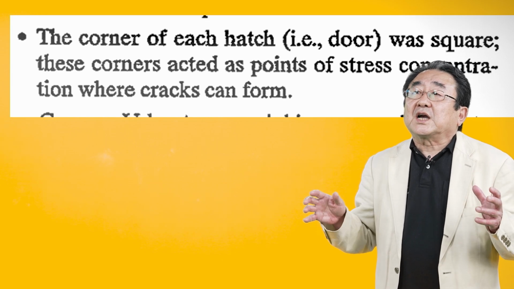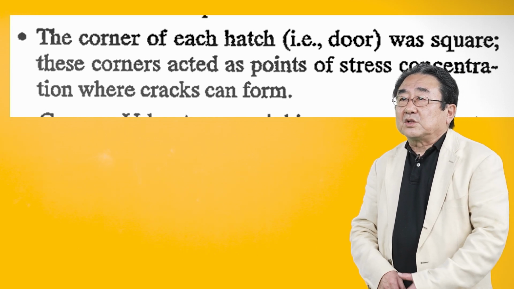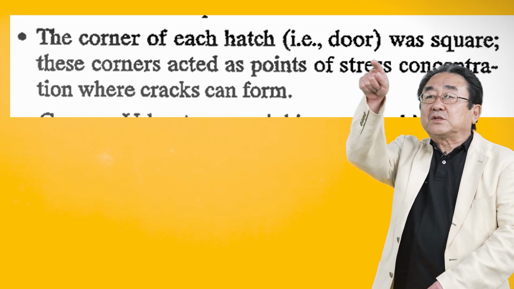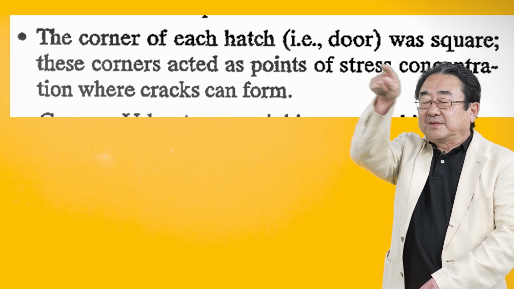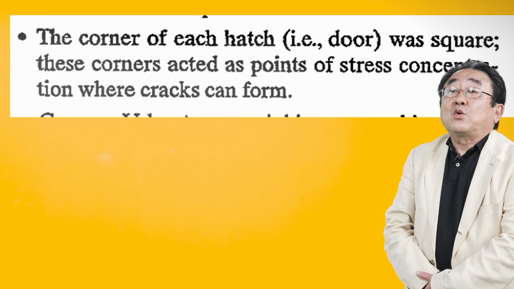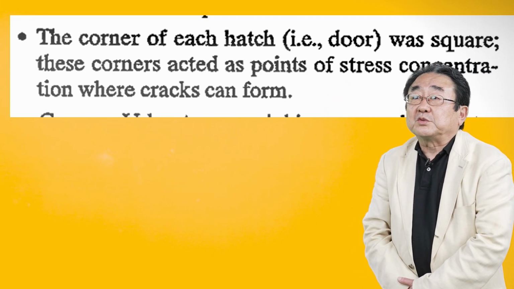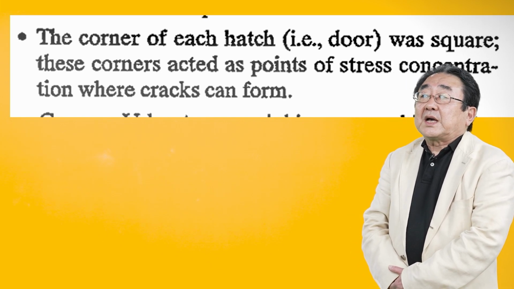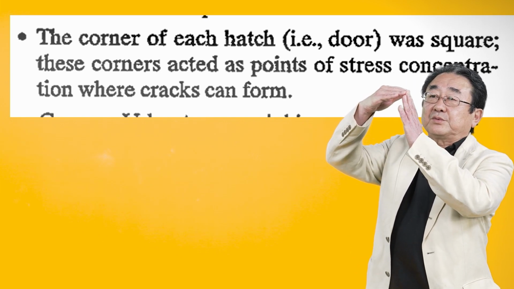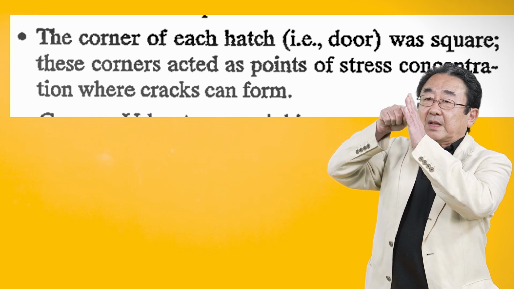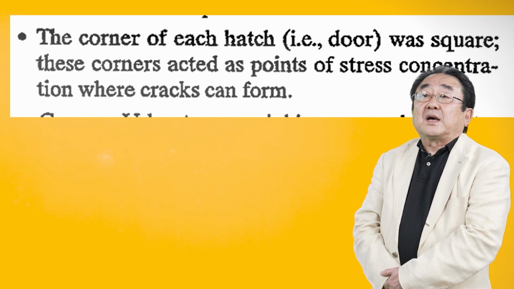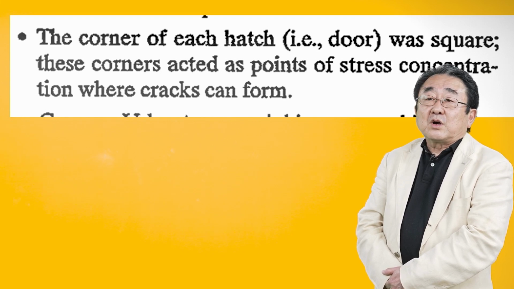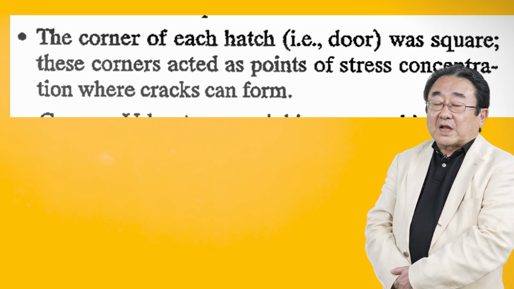The corner of each hatch, a door, was square. The corner acted as a point of stress concentration. So a very sharp corner becomes the source of stress concentration, and from here, cracks start.